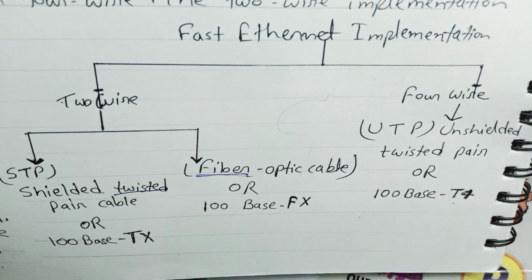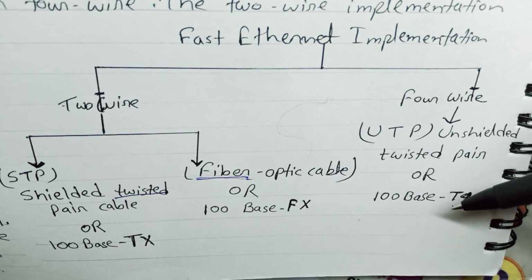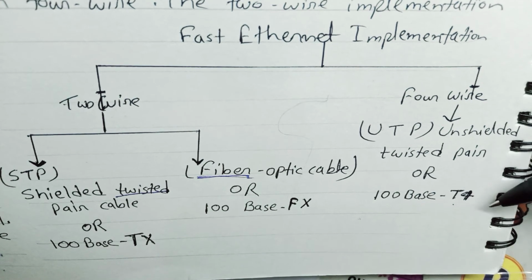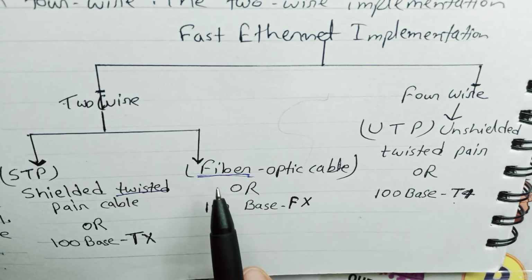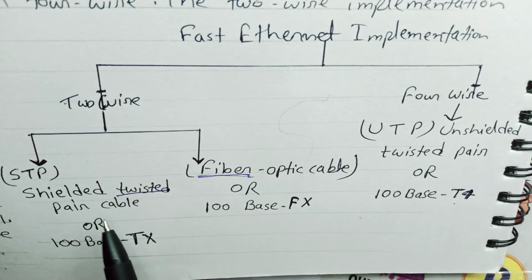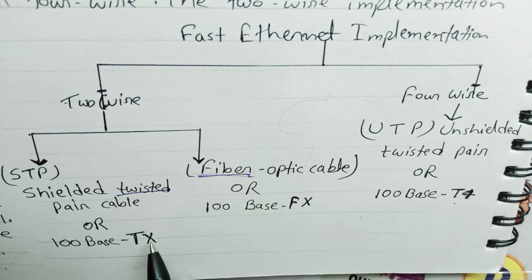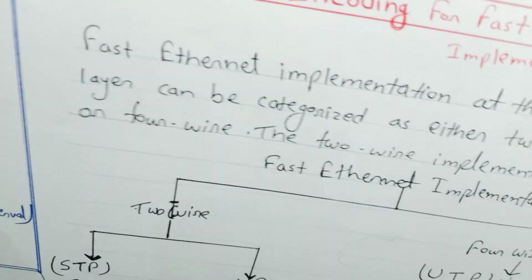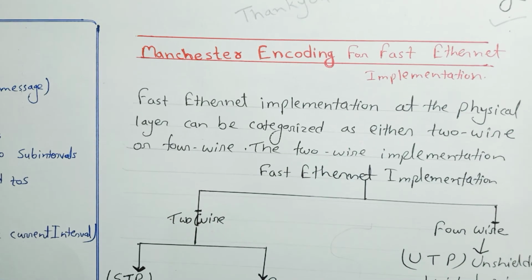And 4-wire is UTP, unshielded twisted pair, or 100 base T4. You can see it is T4 because it is 4-wire, FX is fiber optical cable, and TX is twisted pair cable. It is only X for 2 and 4 for 4. This is Manchester encoding, fast Ethernet implementation.